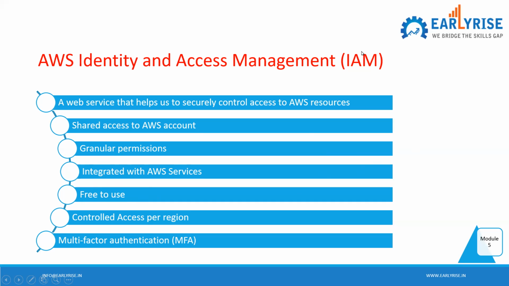Say you have an S3 resource, you create a user, and using that user you access S3. For that S3 you have to pay, not for the user. It's not that you created a user, so now you pay 5 rupees. Nothing like that. Got my point? Free to use means here with respect to IAM, not with respect to AWS.